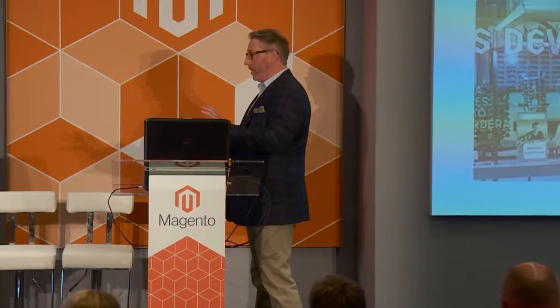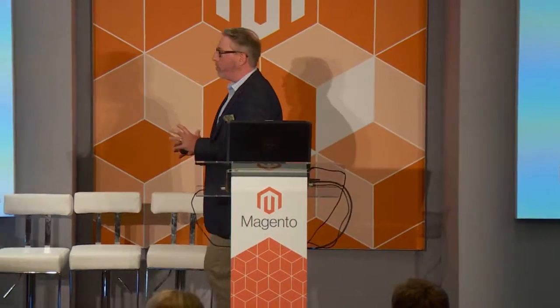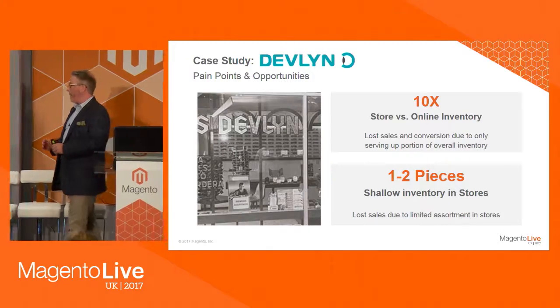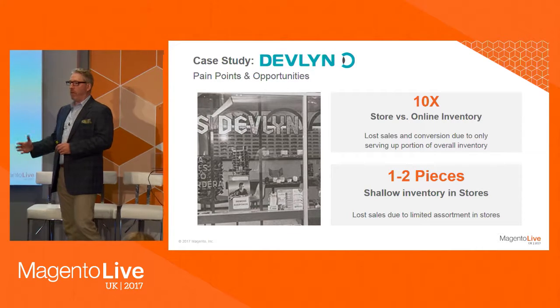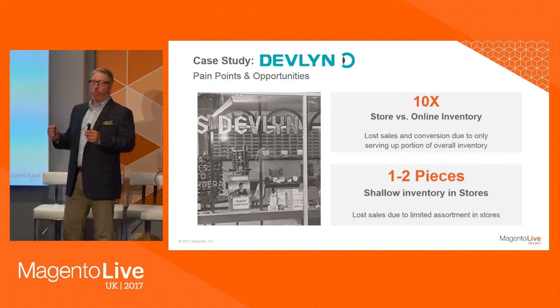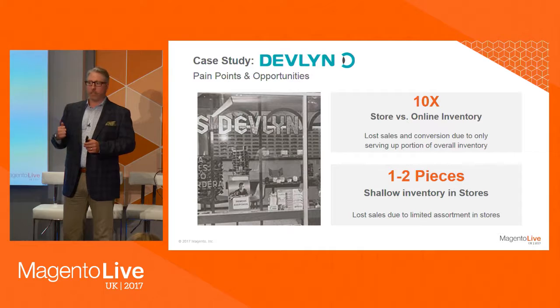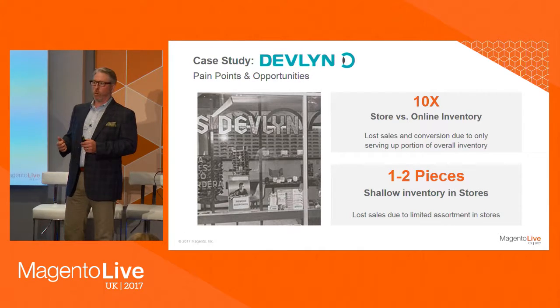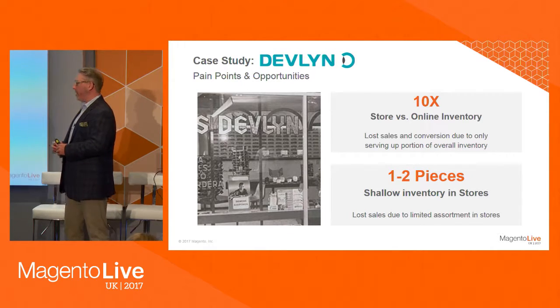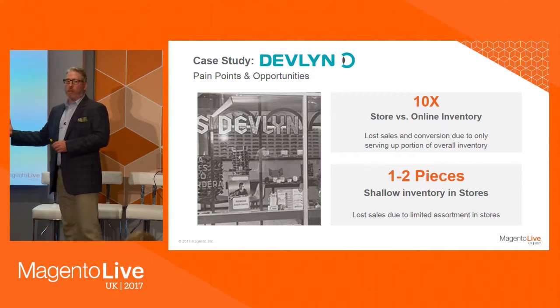Number two, you had 70,000 SKUs across those 1,200 stores, but they were very shallow. They may have had one or two units in any individual store, and they had eyeglasses in different colors, a diverse set of merchandise, but they were very shallow in any individual store.